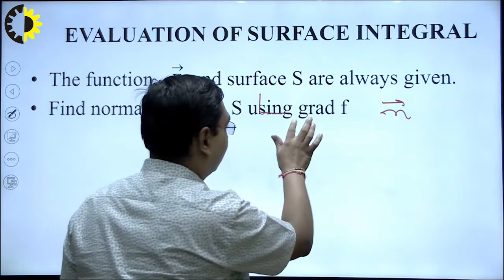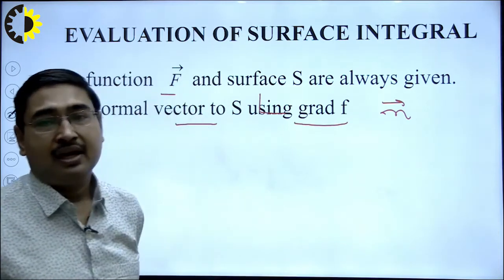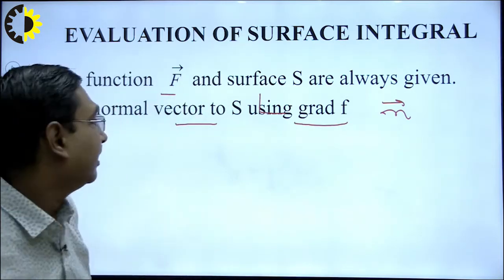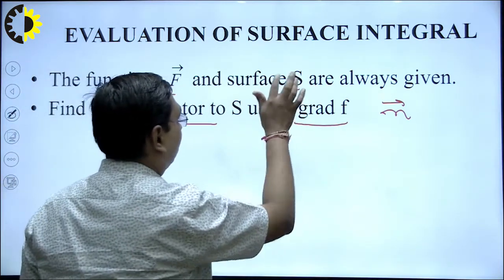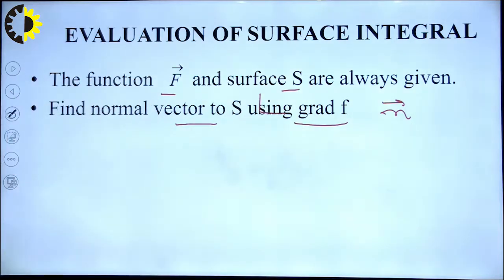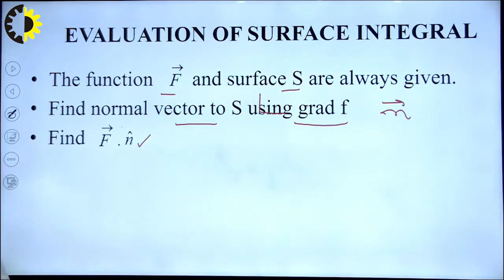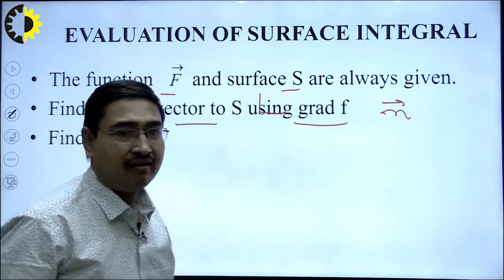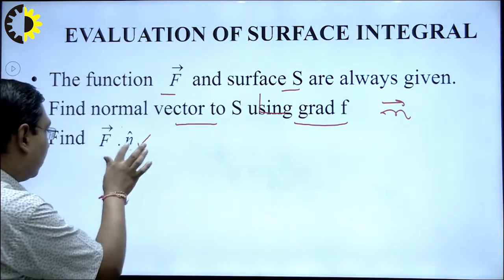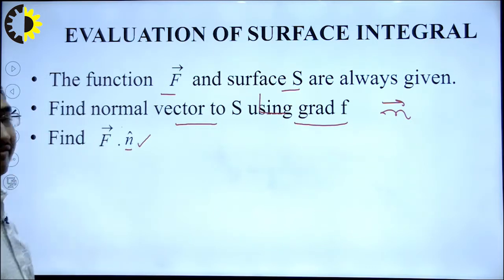This normal vector will be calculated using the gradient of phi, where phi will be obtained from the given surface. Then we shall calculate f dot n cap. f is given to us. This vector n will be converted to a unit vector, and then we shall find the value of f dot n.